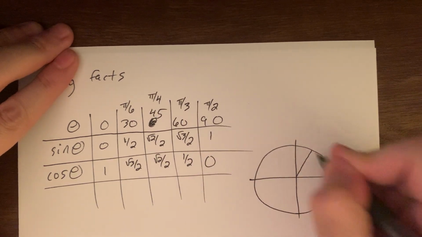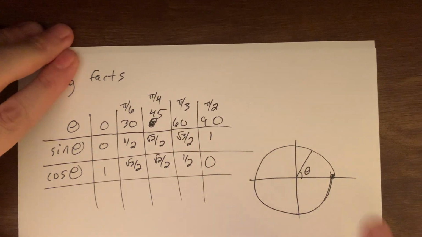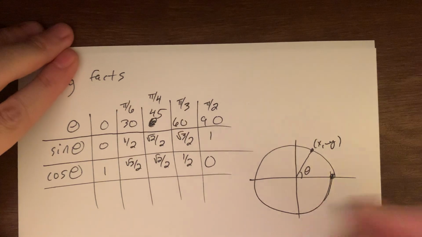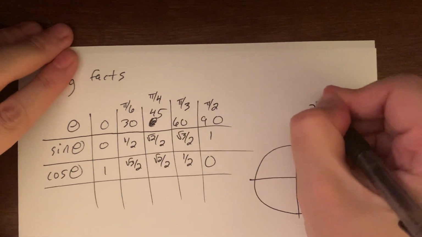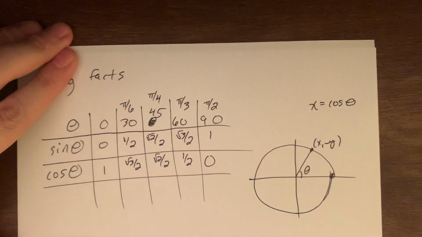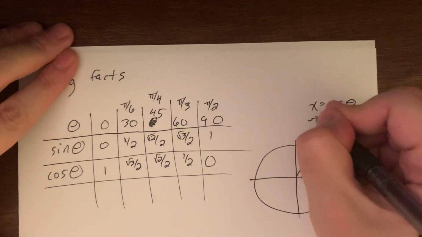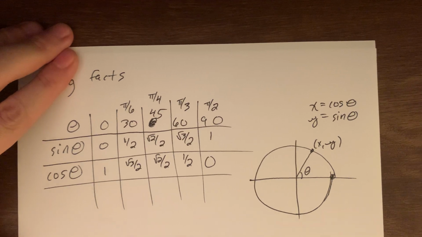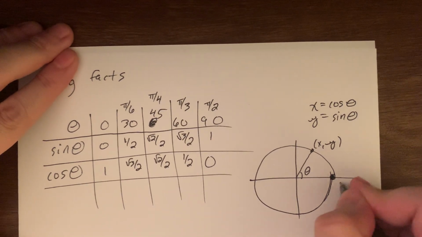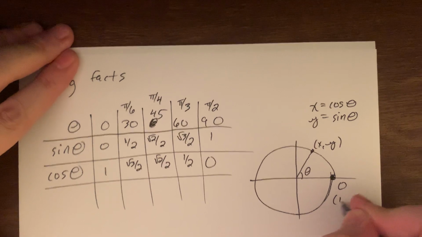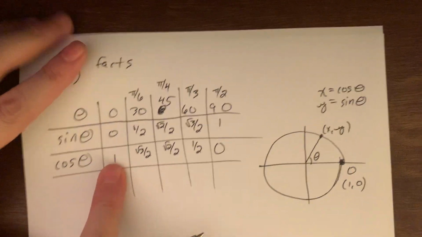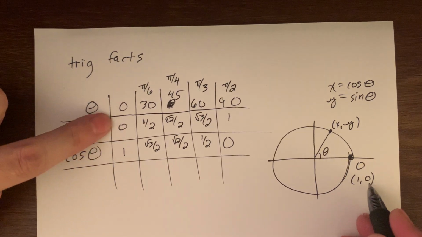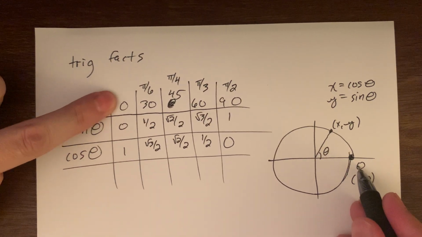So I'll just do a generic theta in the first quadrant, and any xy pair on this unit circle, x corresponds to the value of cosine at angle theta, y corresponds to the value of sine at angle theta. So right here where we start at 0, that would have an xy pair, 1, 0. Hence, that matches what we saw over here. The x coordinate is 1, the y coordinate is 0 at angle 0.